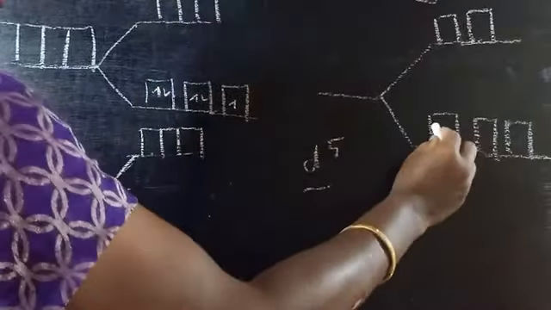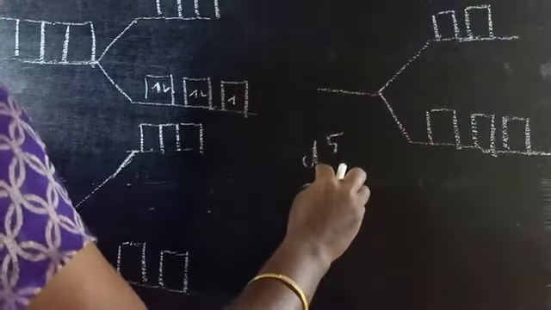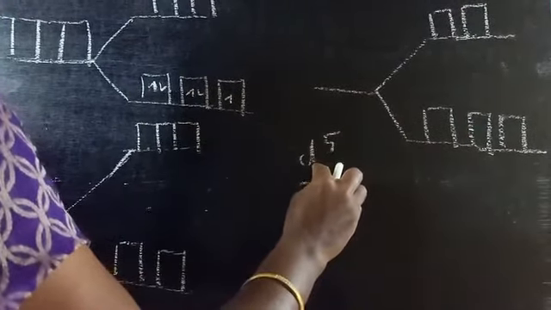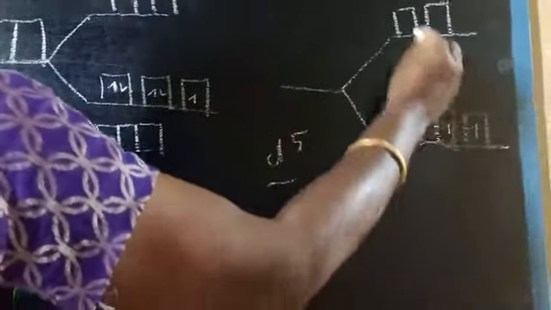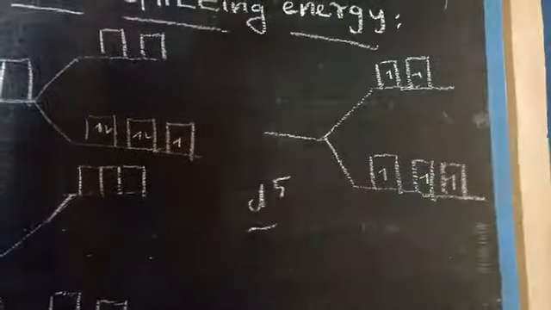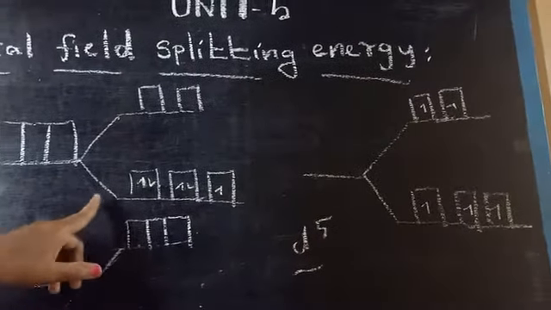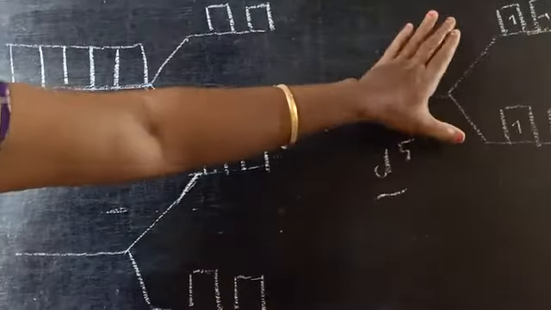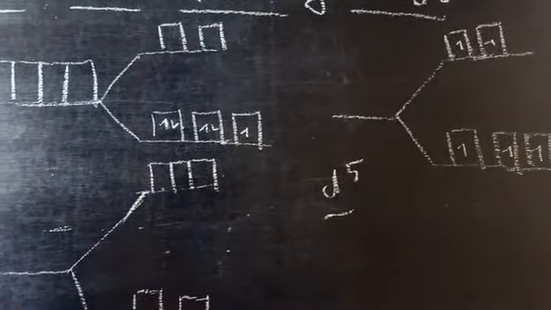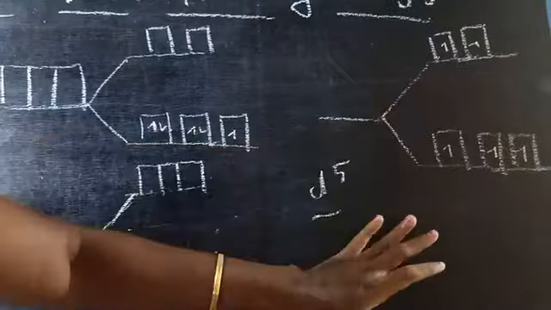Okay, so now the same electrons, the d5 configuration. So 1, 2, 3, 4 and 5. This is one way to fill the electrons. This is another way. Okay, so this one is for high spin complexes. Based on this we fill the electrons.